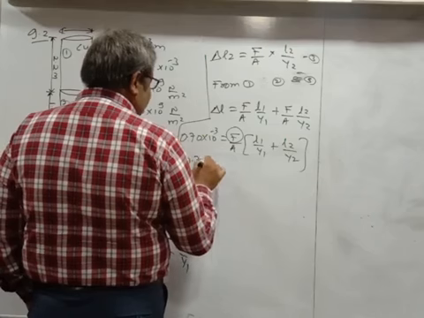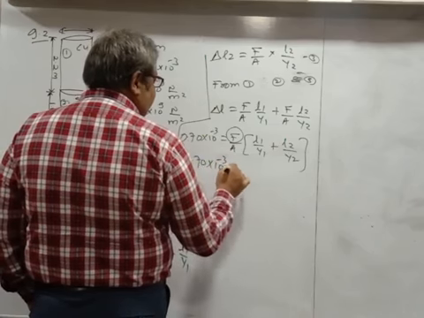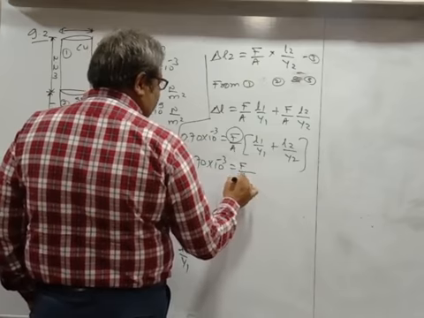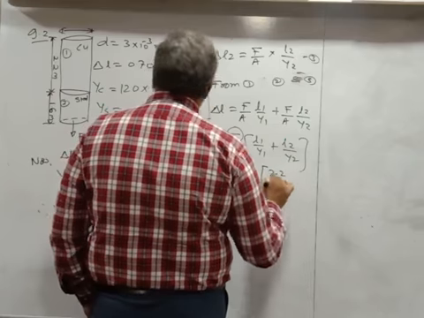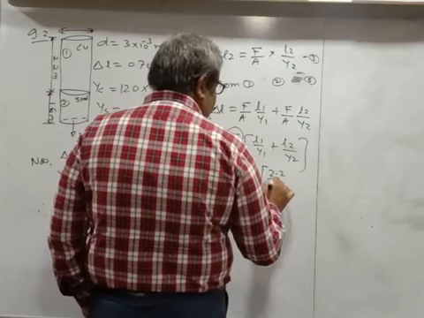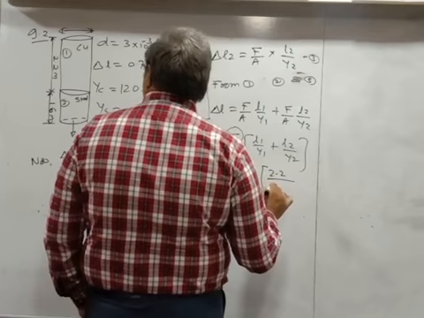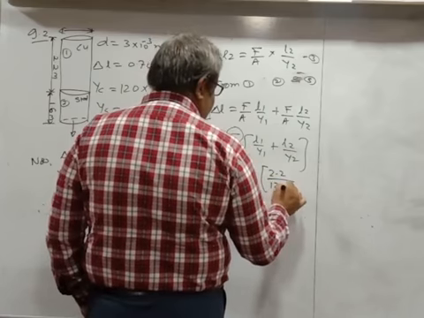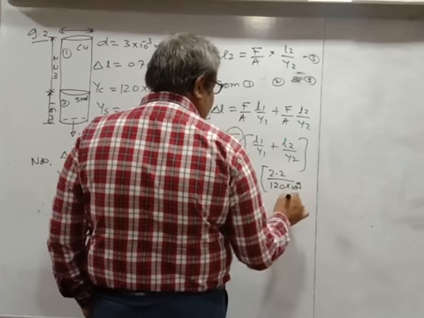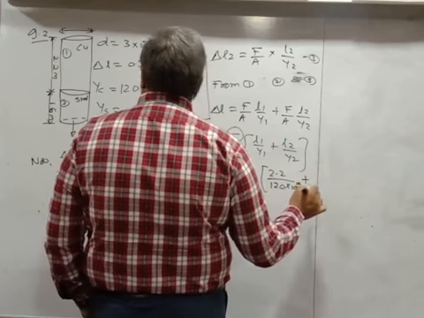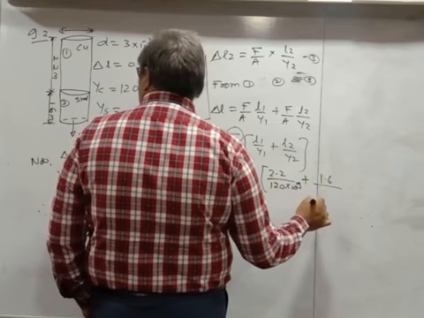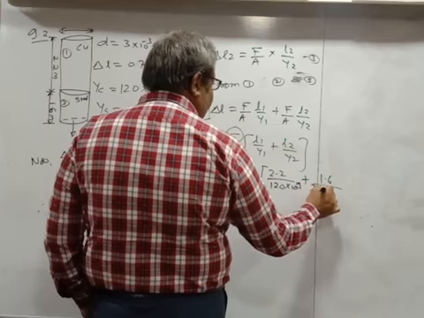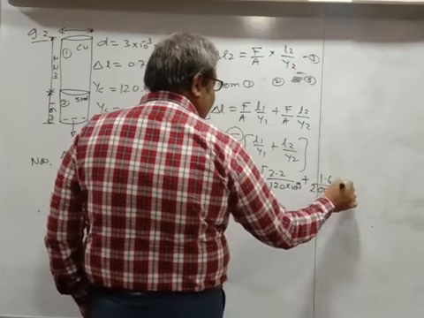So here 0.70 into 10 raised to minus 3. F is unknown to us. A will be equal to pi r square. Now L1 is 2.2, and here it is 120 into 10 raised to 9. Plus L2 is 1.6, and here it is 200 into 10 raised to 9.